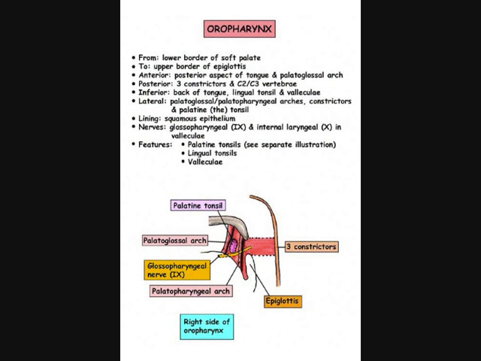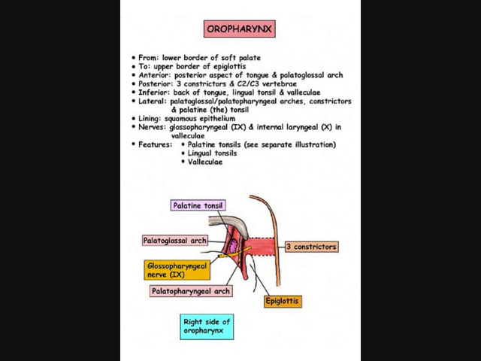We've mentioned the oropharynx earlier in this podcast, so just now let's look carefully at the definition of it. It extends anteriorly as far as the palatoglossal arch, which is a ridge produced by the palatoglossus muscle, and it extends posteriorly to the three constrictors that make up the posterior wall at this level.